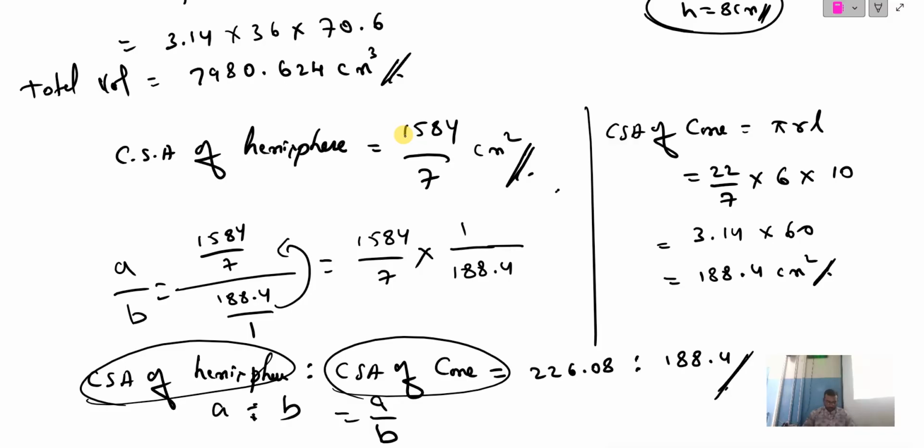In that case, 226.25 into 0.0053. Understood? What is the answer we are getting here? 1.199. You divide this answer. What I have given now?